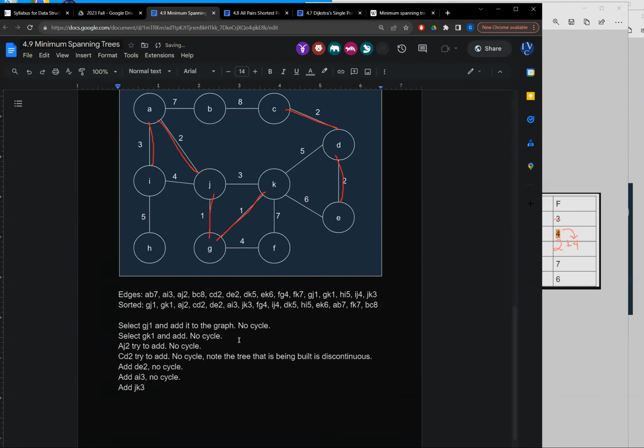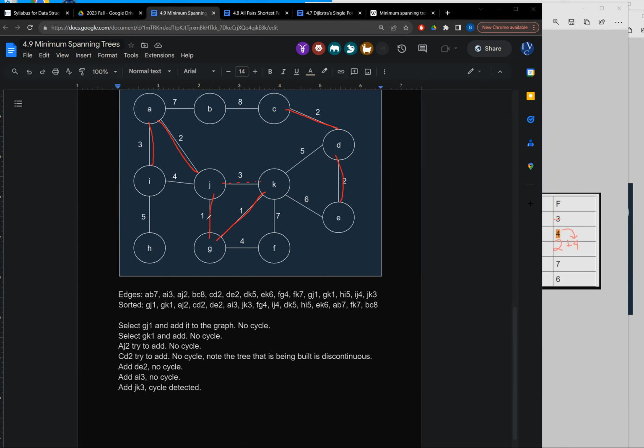JK3. So the cycle will be detected here. Trying to add that edge to the graph creates a cycle between JK and G. So we have to remove one of the edges from the cycle to break the cycle. Just like we saw with our first spanning trees, we have a cycle, removing one edge breaks the cycle, we're good to go.